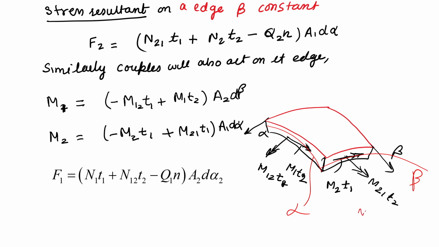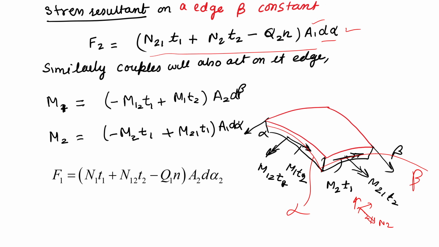If you talk about it, there will be N21 acting, then N22 acting, and shear force Q2N will act, and the total force will be A1 times d alpha, the arc length of that. Similarly, couples may also act on the edge.